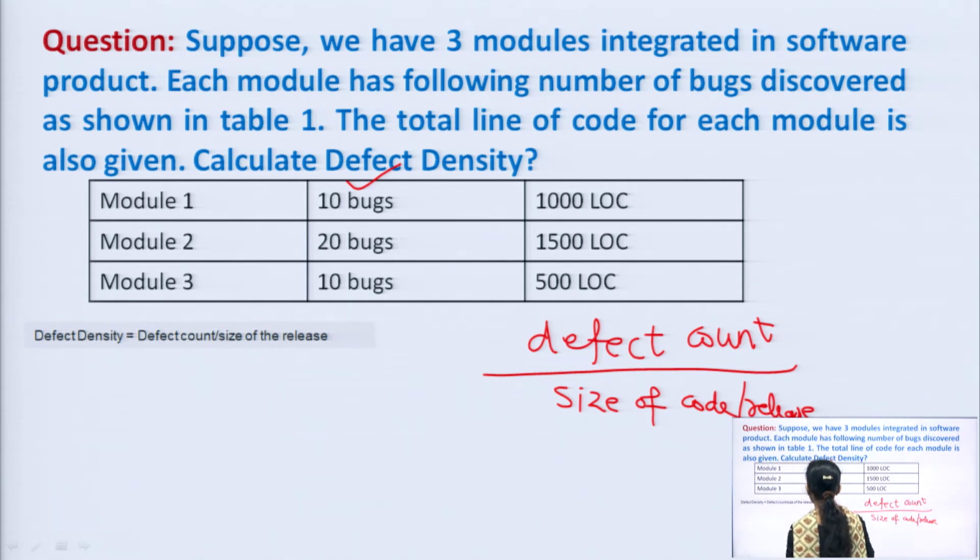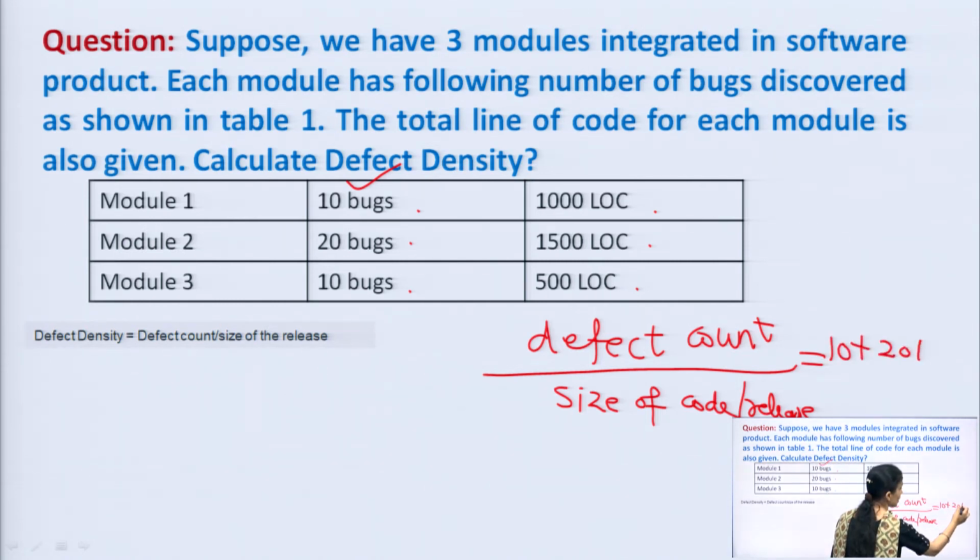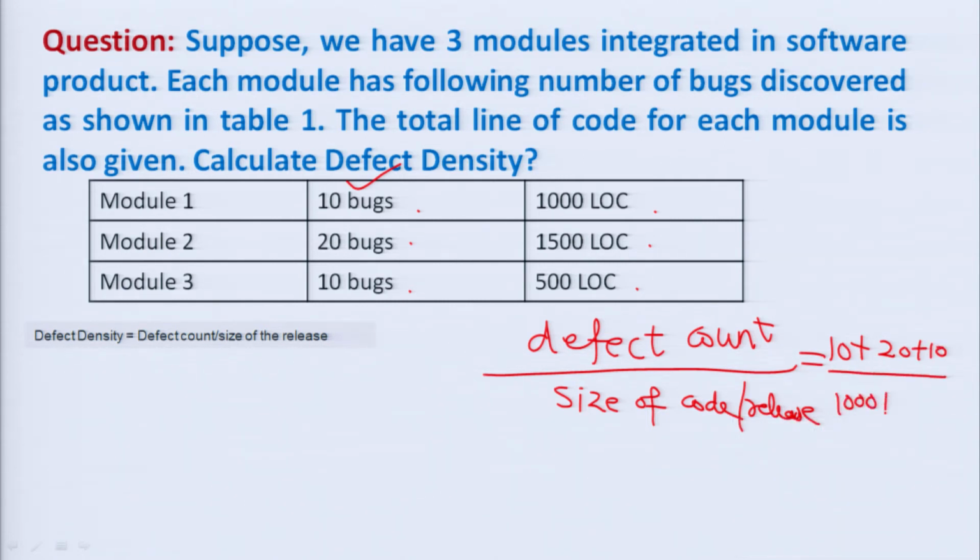So, the defect counts for the 3 modules are given to us: 10 bugs, 20 bugs and 10 bugs, and lines of code are also given to us. So, the defect count total for all the 3 modules comes out to be 10 plus 20 plus 10 divided by 1000 plus 1500 plus 500.